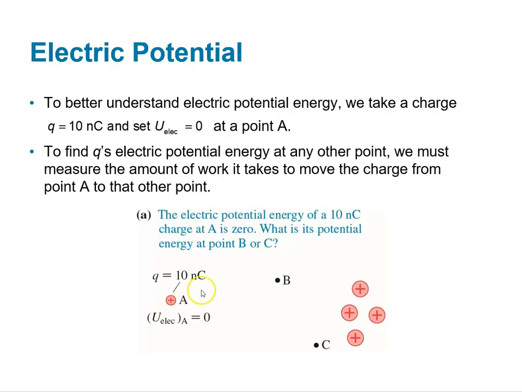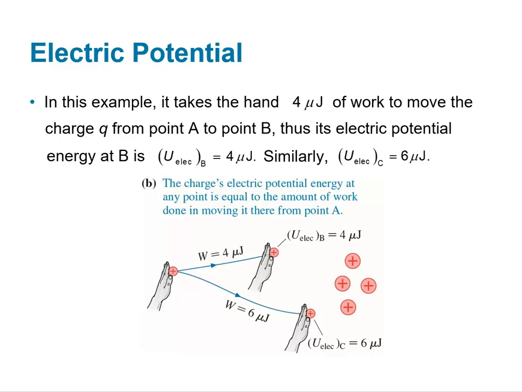In order to measure its electric potential energy at point B and point C, we're going to have to calculate how much work it takes to move this charge from A to B and then from A to C. Again, this is a hypothetical example. These values are going to be given to you. So let's say it takes 4 microjoules of energy to move the charge from A to B, and 6 microjoules of energy to move the charge from A to C.